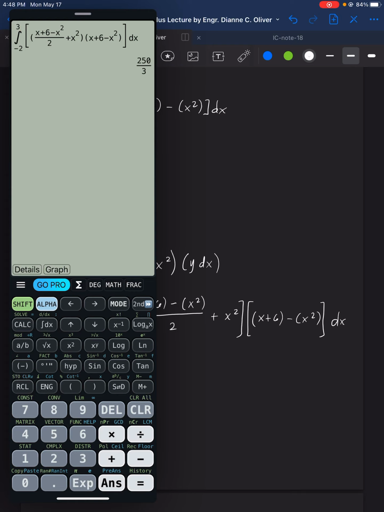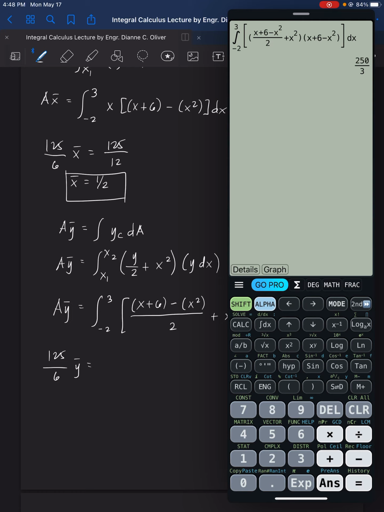So this is equal to 250 over 3. So y bar now is equal to the answer divided by the area, 125 over 6. That is equal to 4.